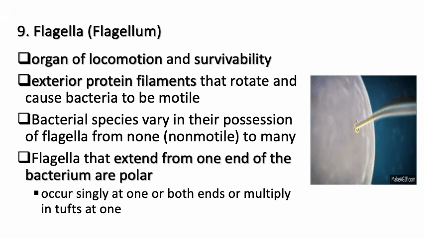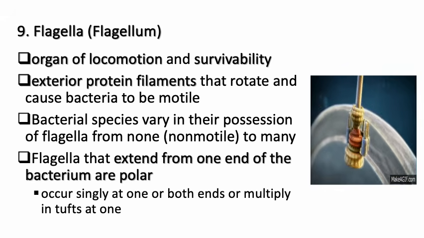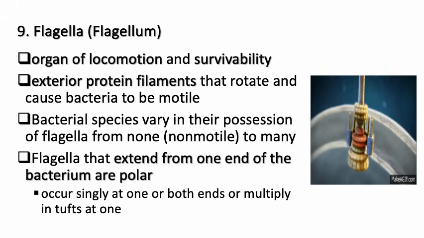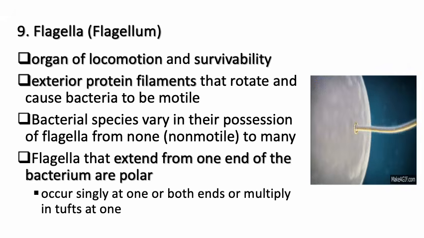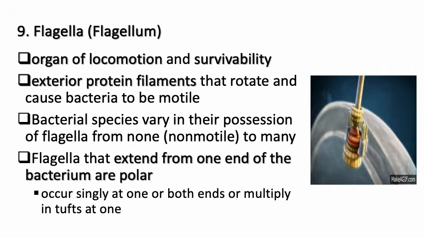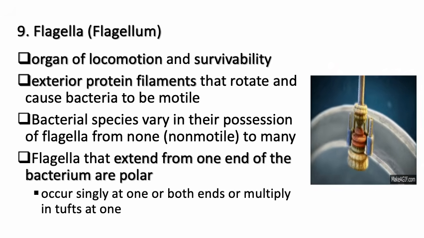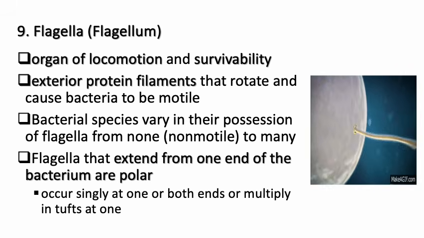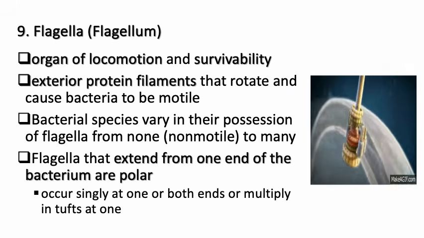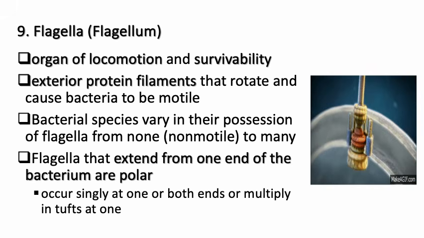Okay, another cell appendage is your flagella or flagellum. Sometimes your bacteria contain this for locomotion and survivability. So this is the organ of locomotion and survivability. In terms of structure, flagella are whip-like structures that aid in locomotion.